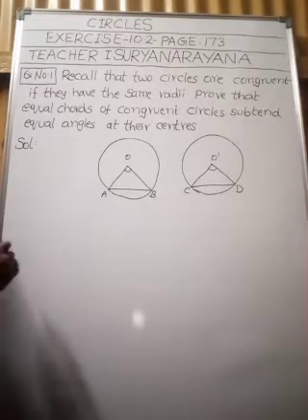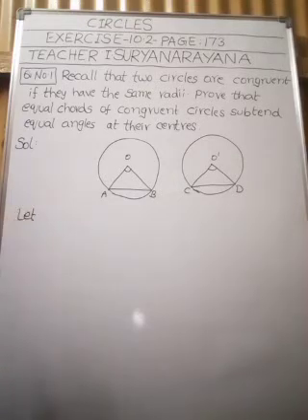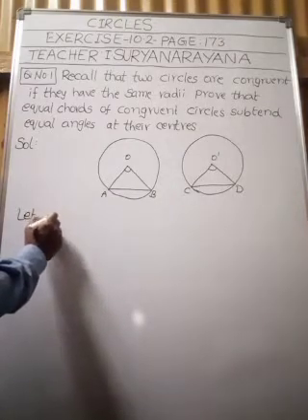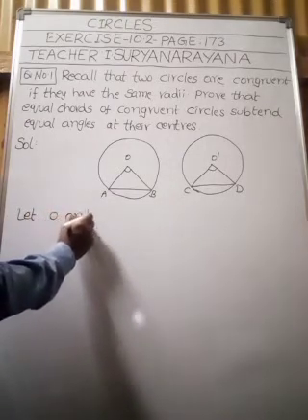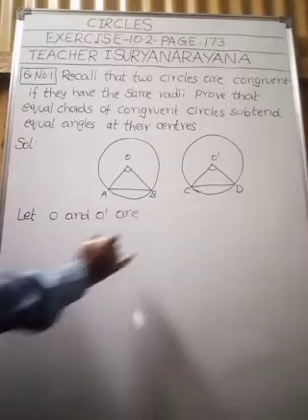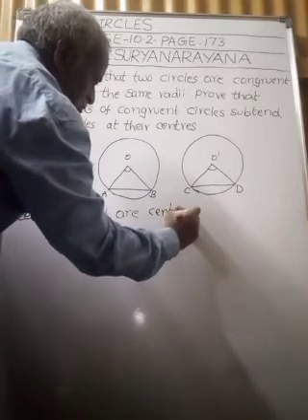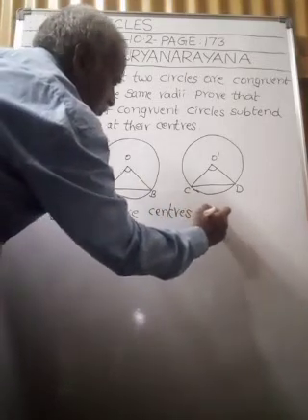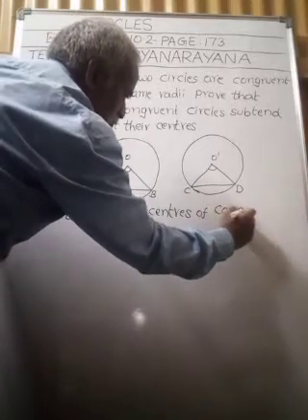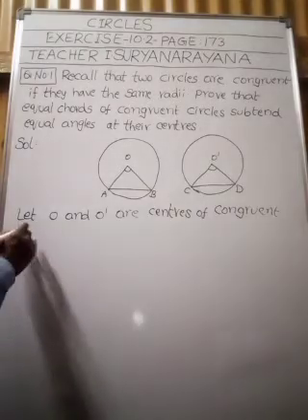Okay, my dear children. So let O and O dash be the centers of congruent circles.